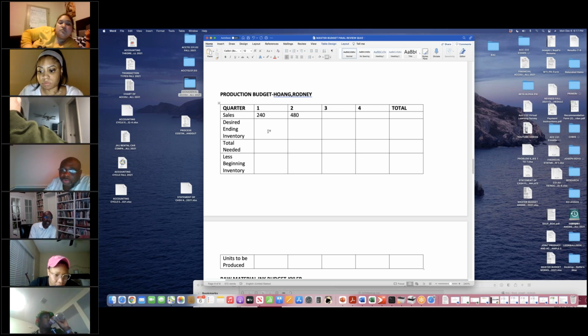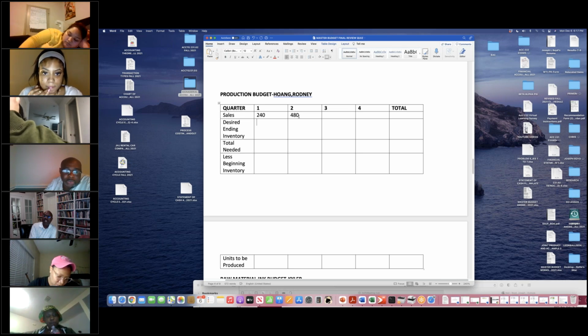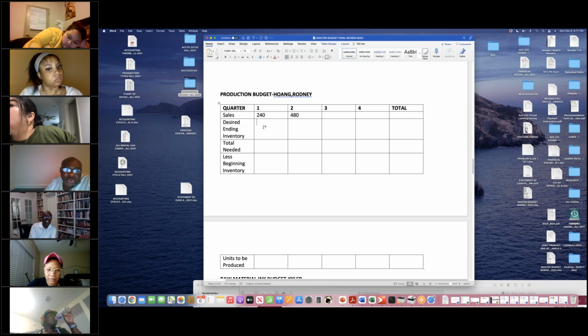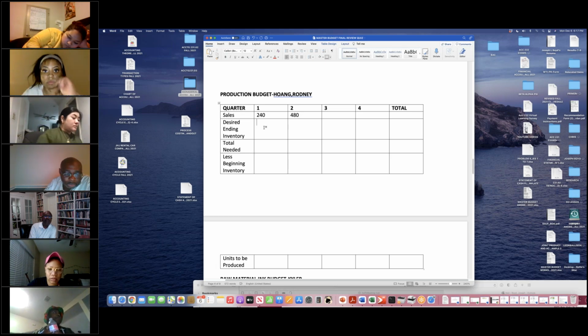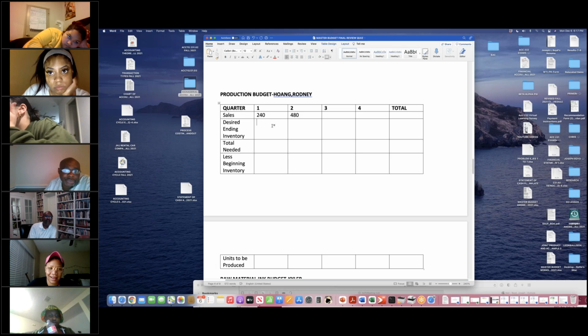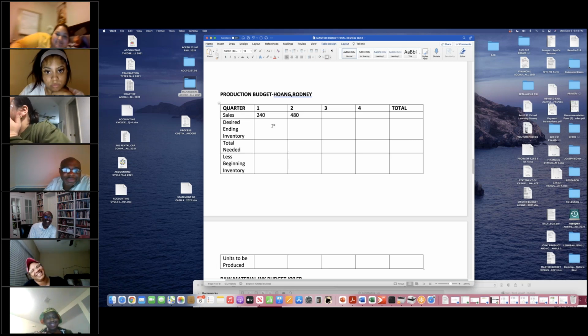Then I got to produce another 25% of this number, so I'll have these on hand at the beginning of the quarter. So what's our desired inventory? 120.